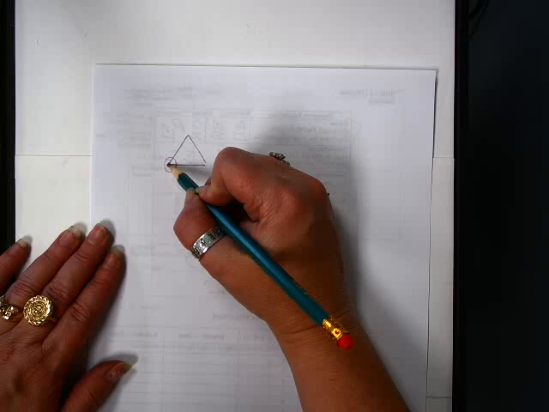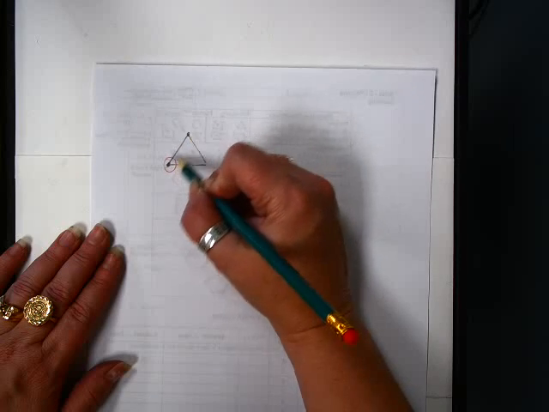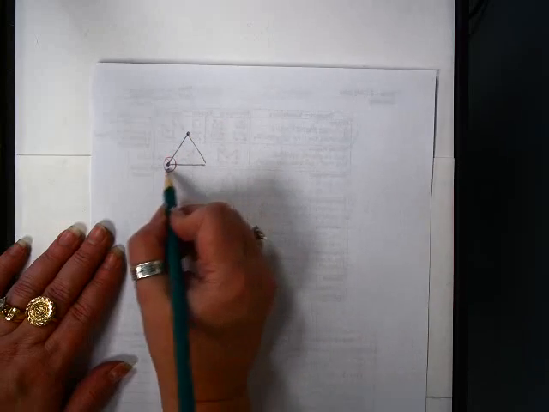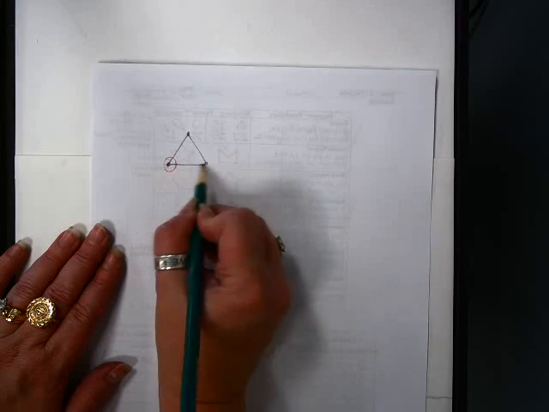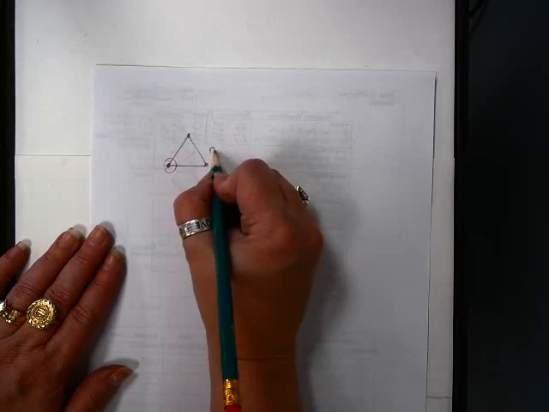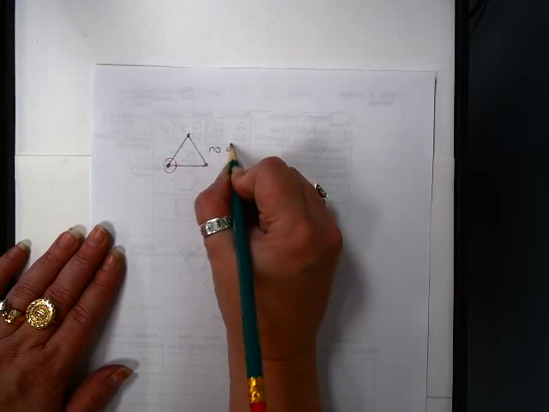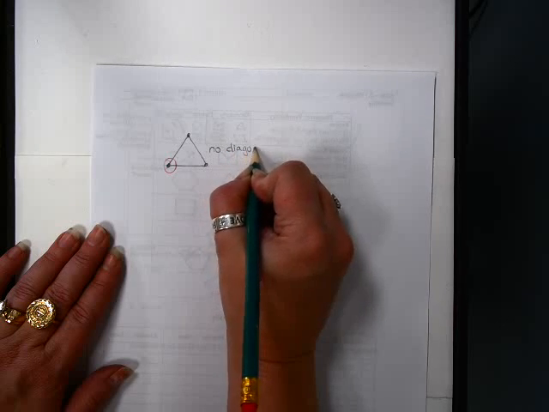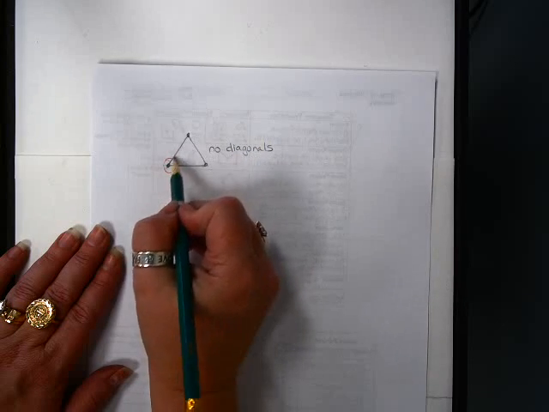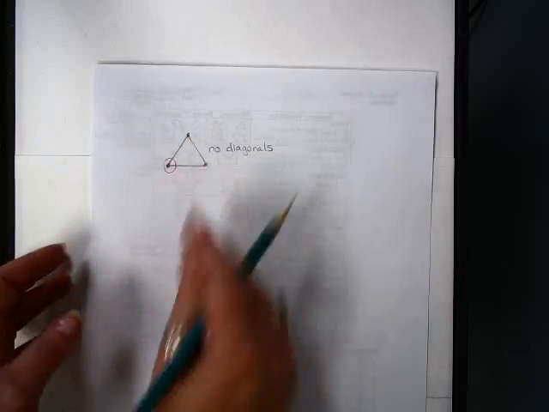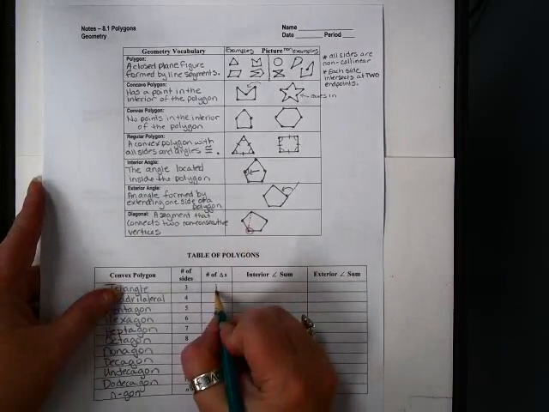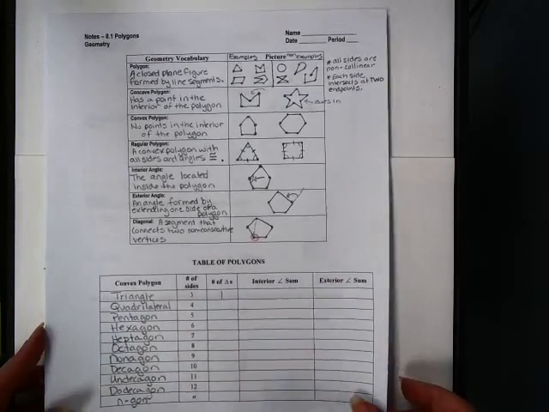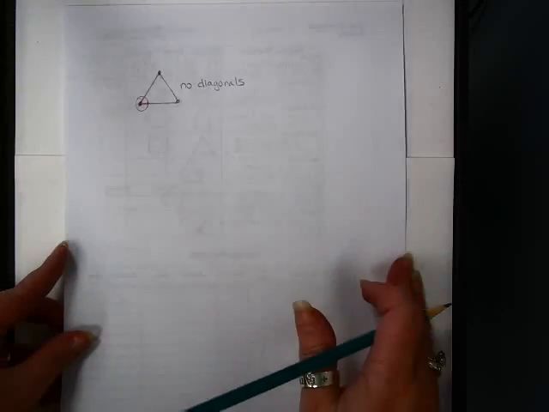Here, vertex connected to vertex, that's a side. The only other one that you can connect to is this one, and that's a side. So there are no diagonals. So the only triangle that you have is this one triangle. It's the one triangle that exists.